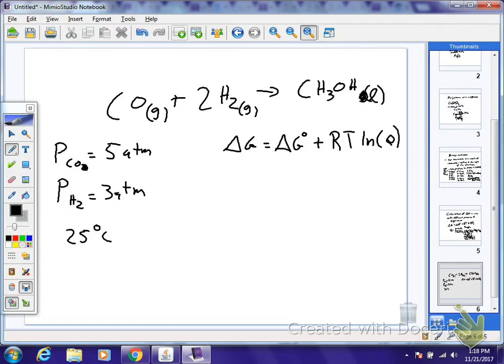On this reaction, the Gibbs free energy that is calculated is going to be a negative 29 kilojoules per mole. If we go through and calculate everything, the delta G for that reaction would be a negative 29 kilojoules.